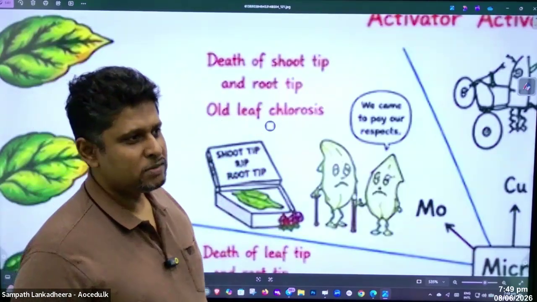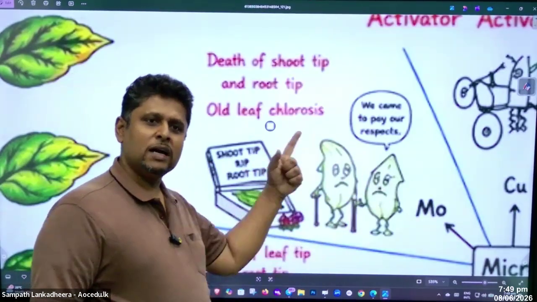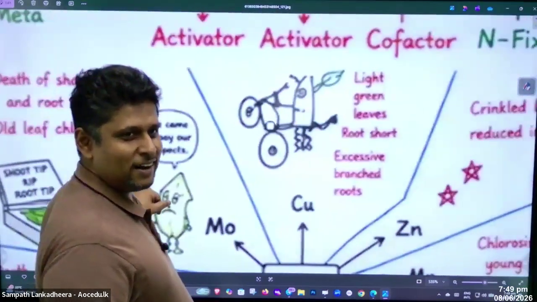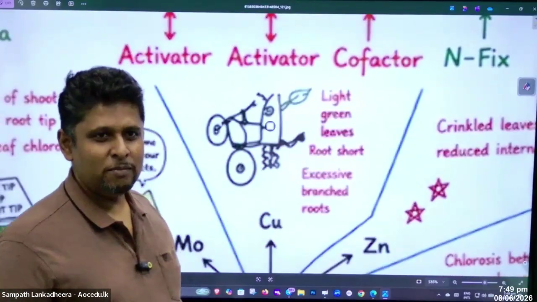Shoot tip and root tip passed away, and this is the coffin. The old leaves are coming to pay their respects to the dead shoot tip and root tip.